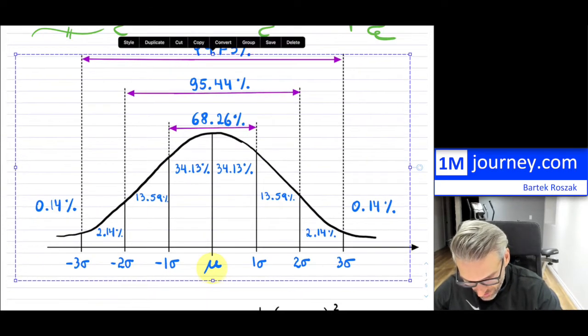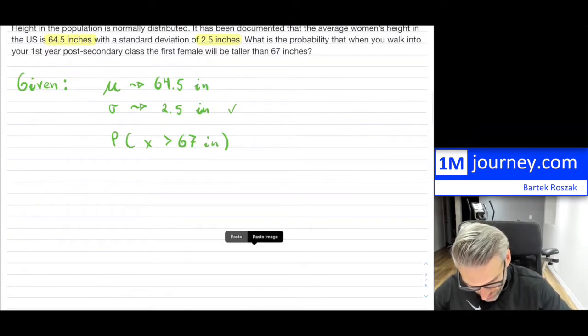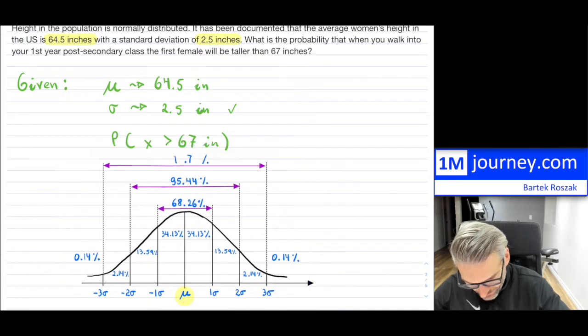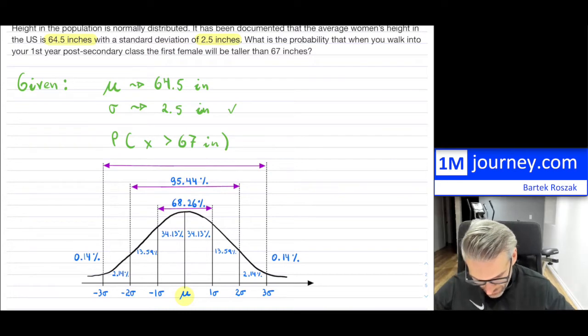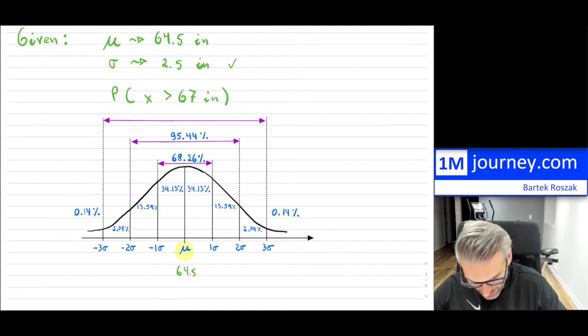I'm going to just copy this, put it down here and shrink it so that we can see it. At the top, I don't really need it. So 64.5 is our mean, and we're trying to find greater than 1 standard deviation, which is at 67 inches.